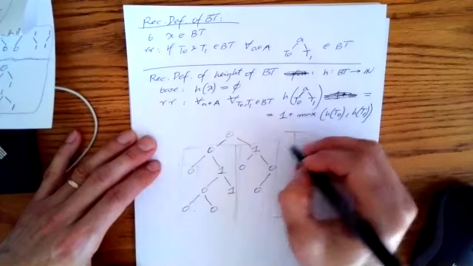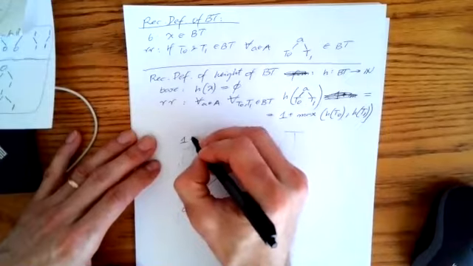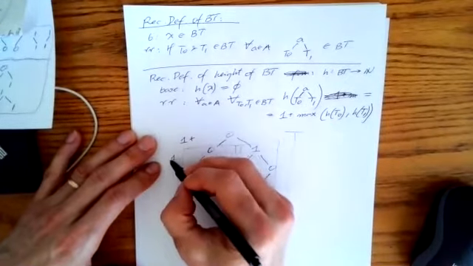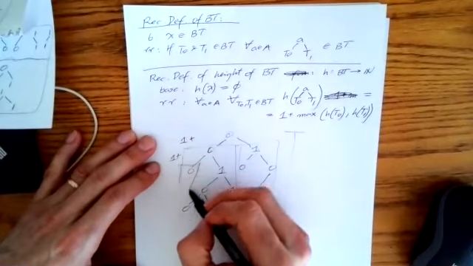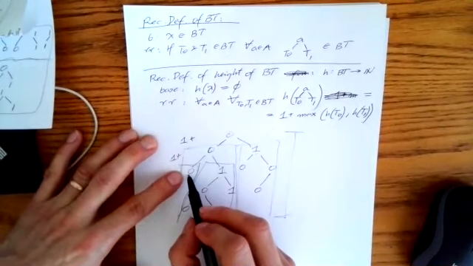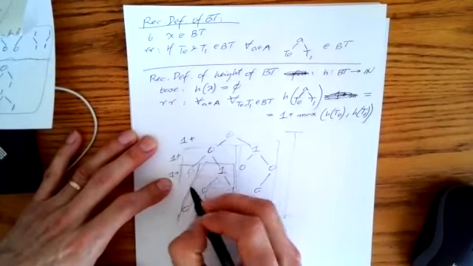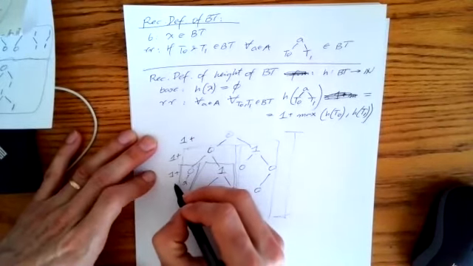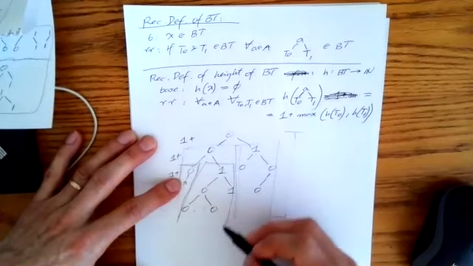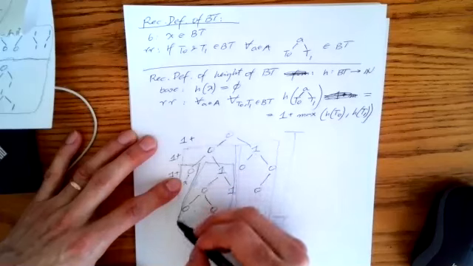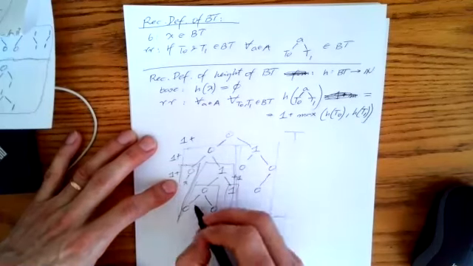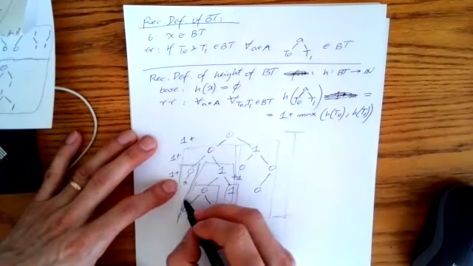And here it is 1 plus the higher of these two. Well, it is obvious that this one has height 1 plus an empty tree, which is 0, so this thing has height 1. This thing is going to have a higher height, because it's 1 plus the higher of the two, which is this one.